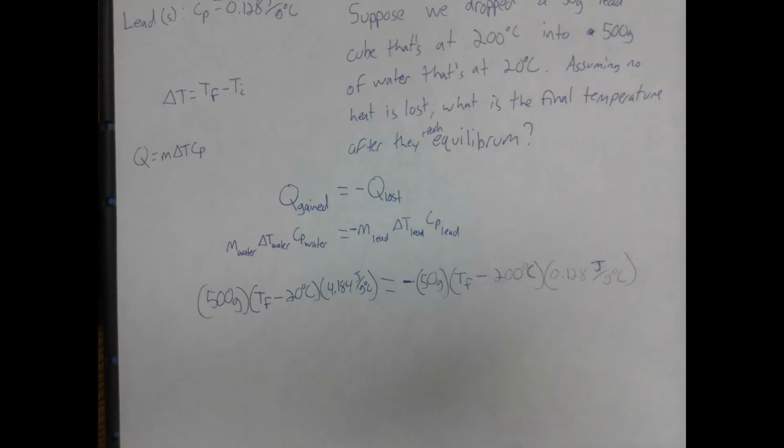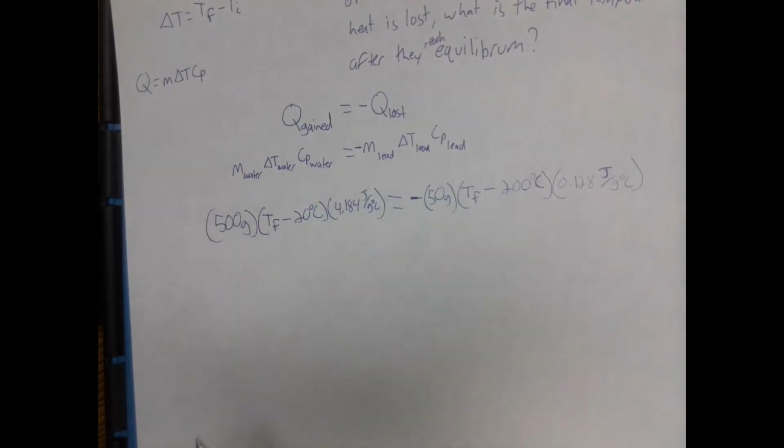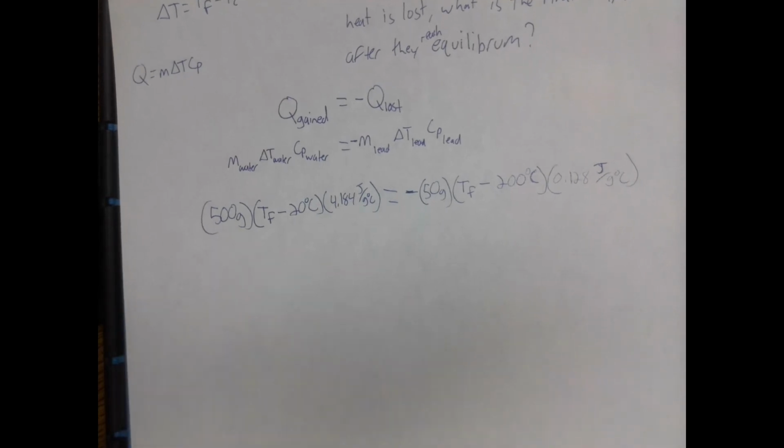So the final temperature of the water is going to equal the final temperature of the lead once they reach equilibrium. This is just an algebra expression. All you have to do now is solve for TF, and that'll tell you your final temperature.